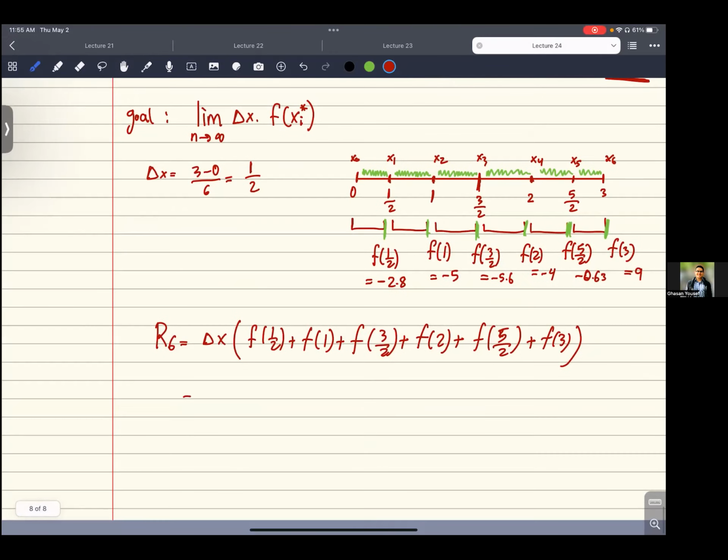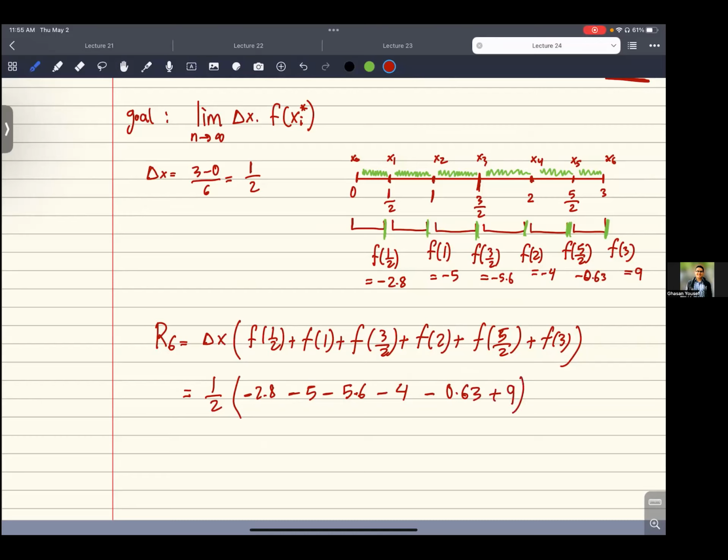Okay, I'm gonna plug the values: 1 over 2 times minus 2.8, minus 5, minus 6.0625, minus 4, minus 6.0625, plus 9.